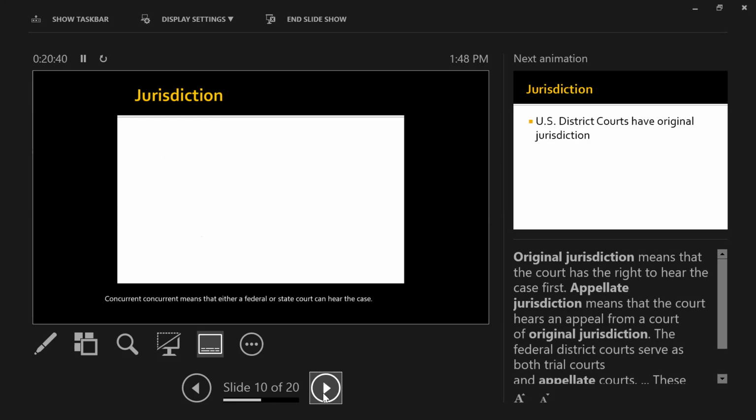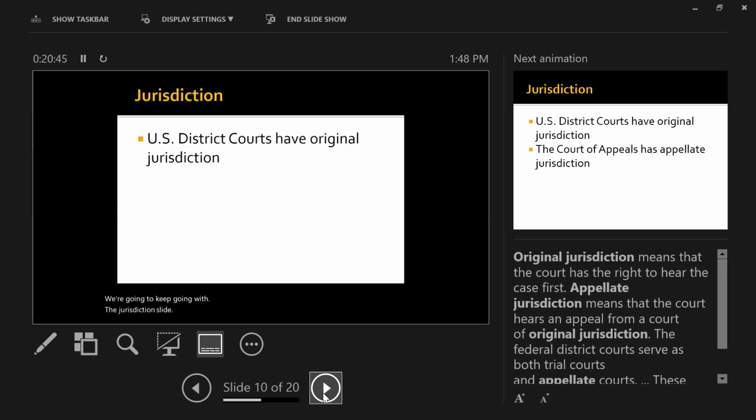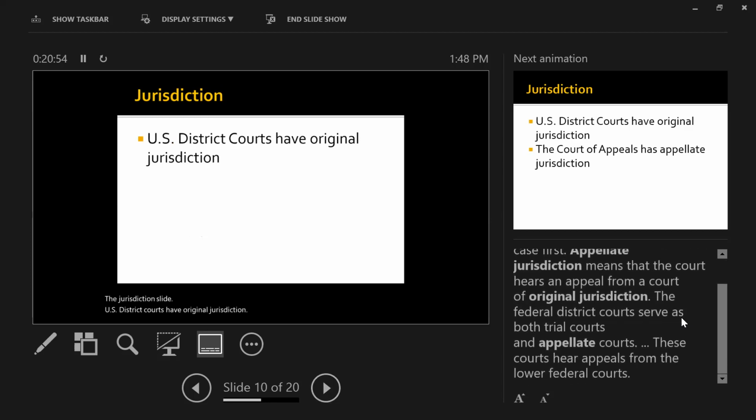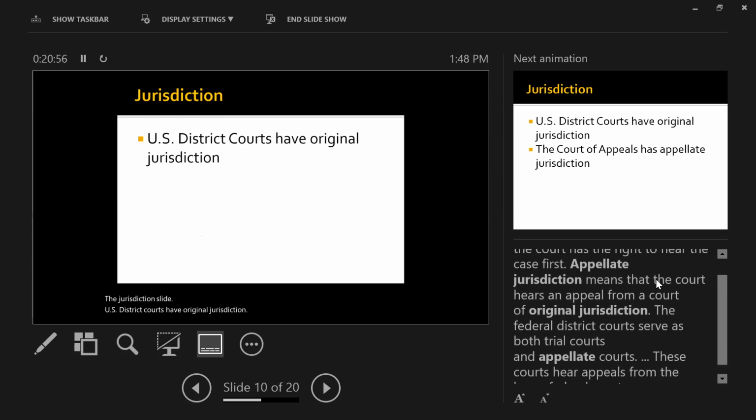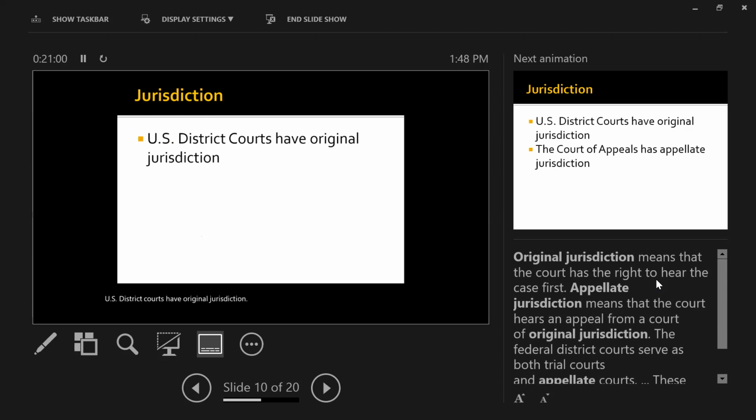We're going to keep going with the jurisdiction slide. So, U.S. district courts have original jurisdiction, which means that these U.S. district courts can hear the case first.